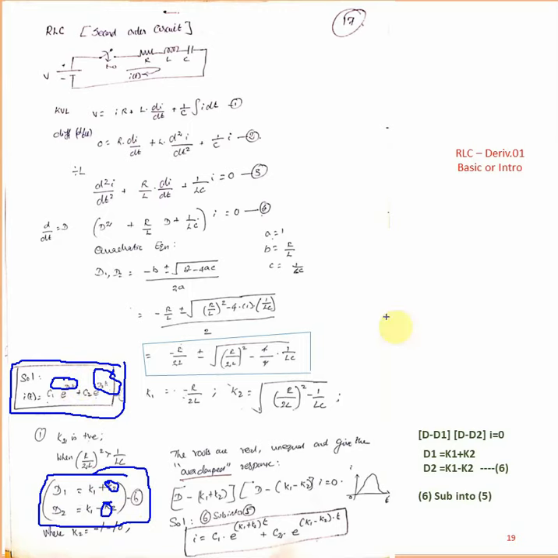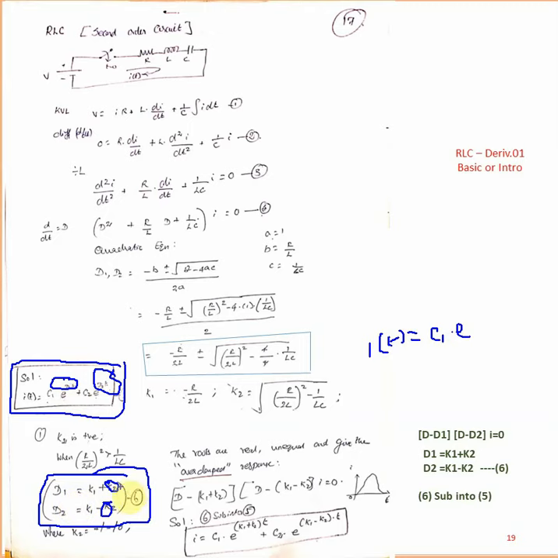So I of t is equal to c1 dot e power d1 t. What is d1? k1. Why k1? Because k2 is equal to 0.